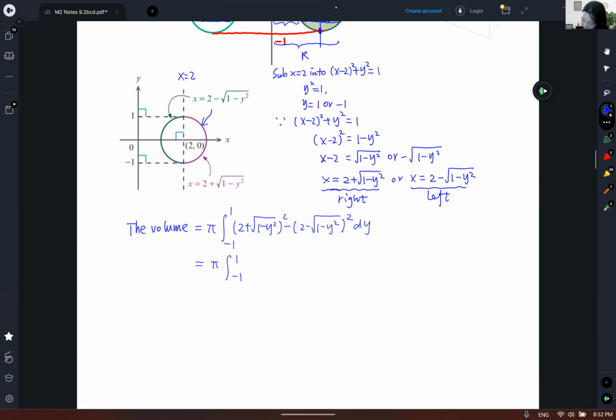To simplify this is very simple. You just do the expansion. That's 4 plus 4 root 1 minus y squared plus 1 minus y squared minus 4 minus 4 root 1 minus y squared plus 1 minus y squared.